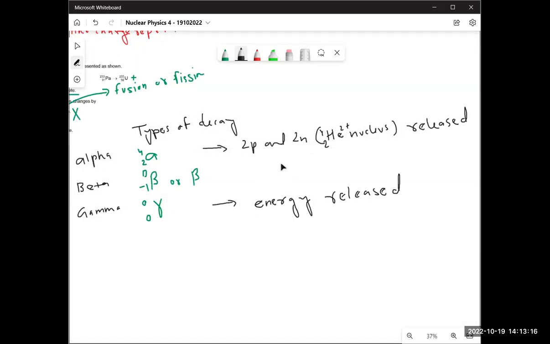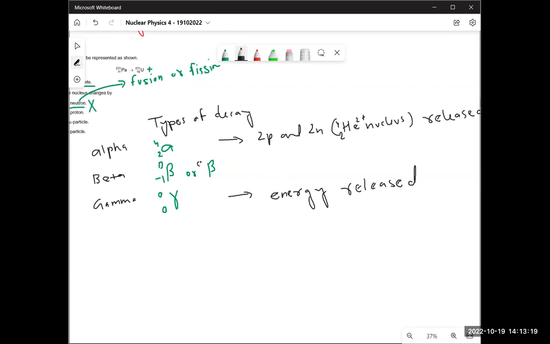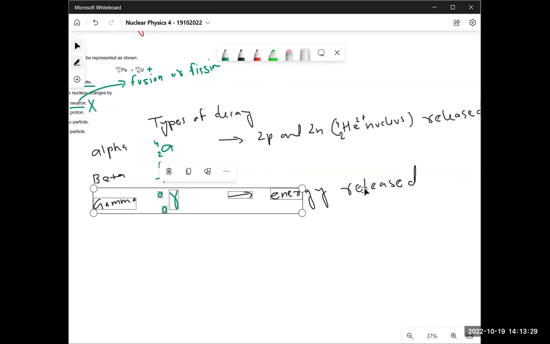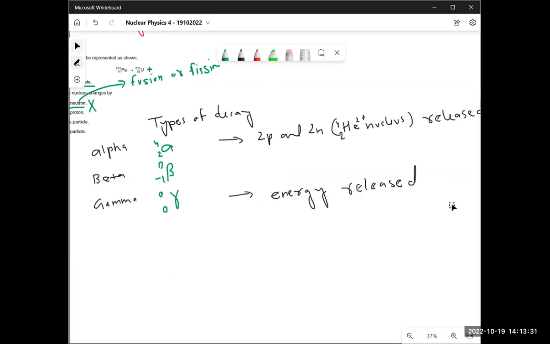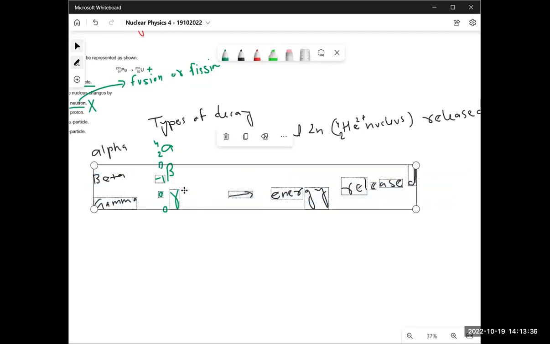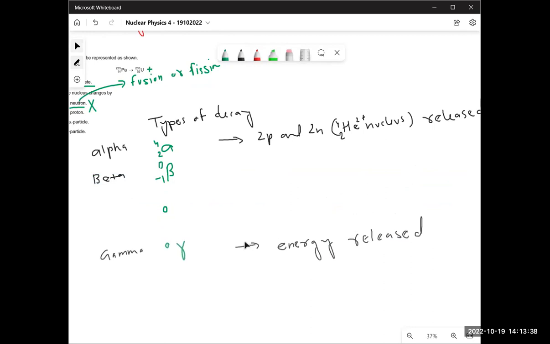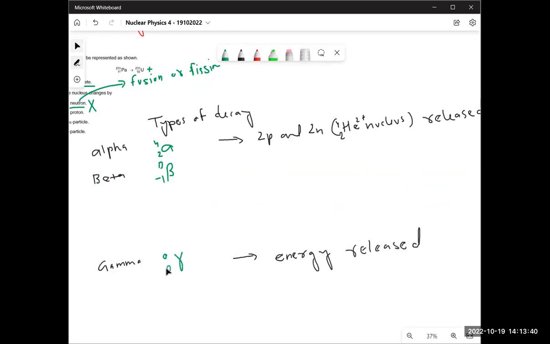It's quite interesting about beta particles because you have two types of them: beta minus and beta positive. Let's first talk about beta negative. Then we look at 0 plus 1 beta.